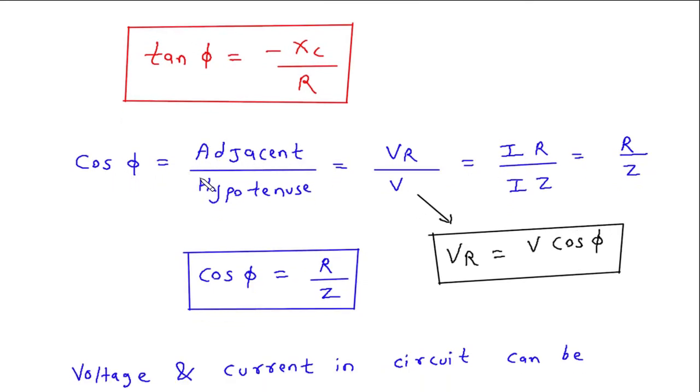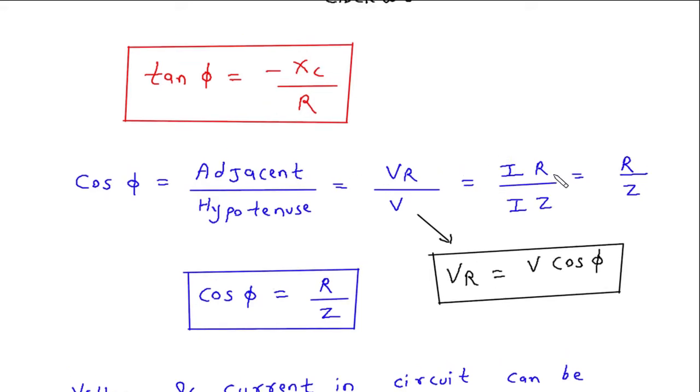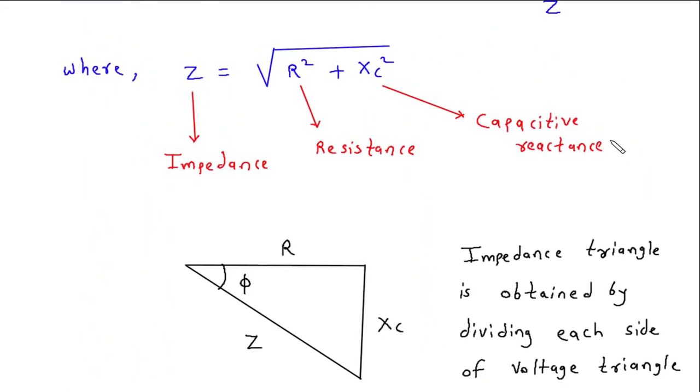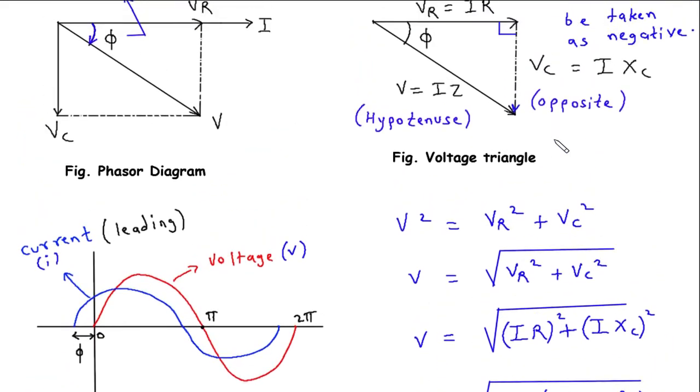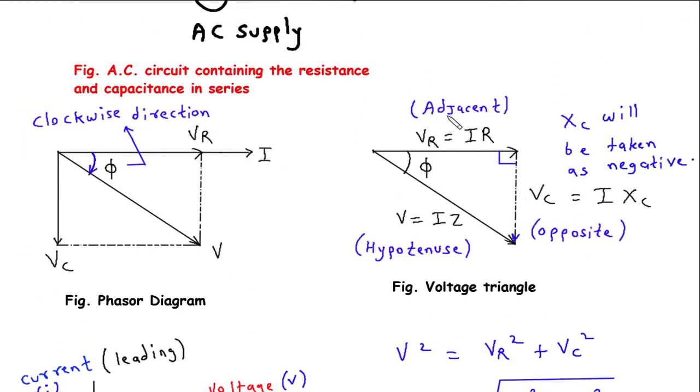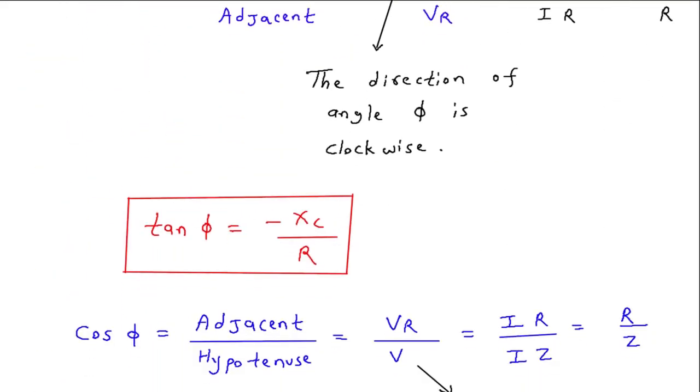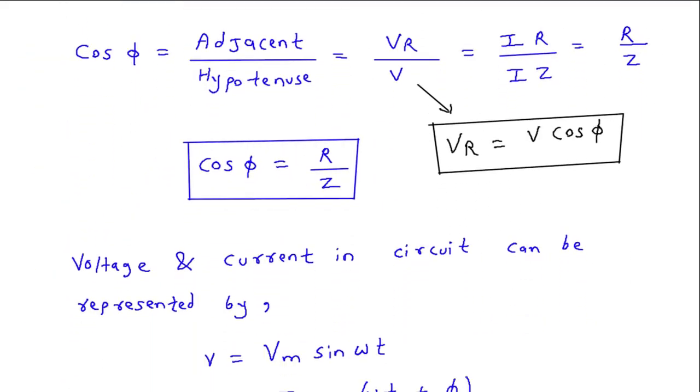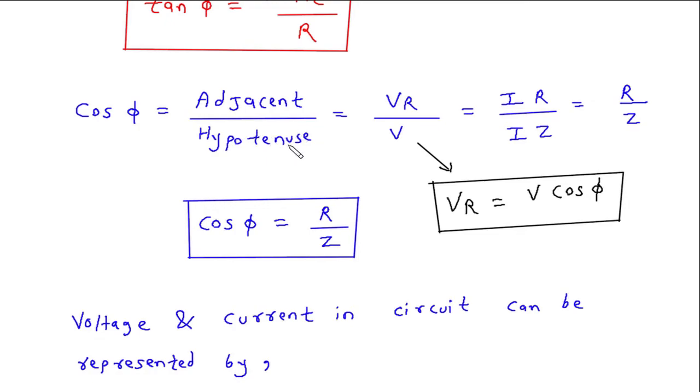Now cos phi is equal to adjacent side upon hypotenuse. Here we can see that the adjacent side is VR, divided by hypotenuse.